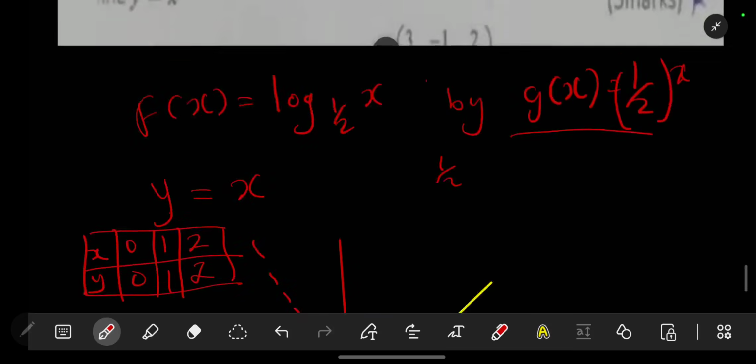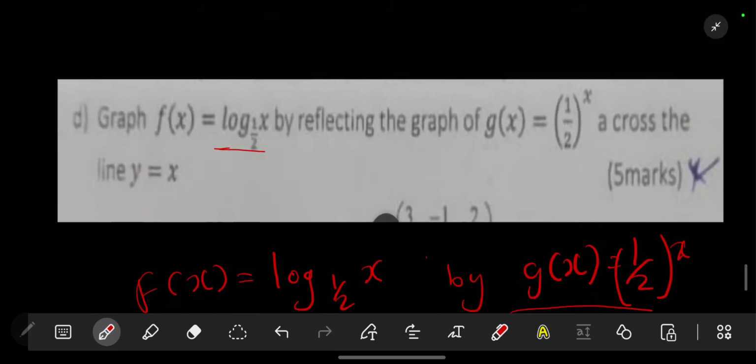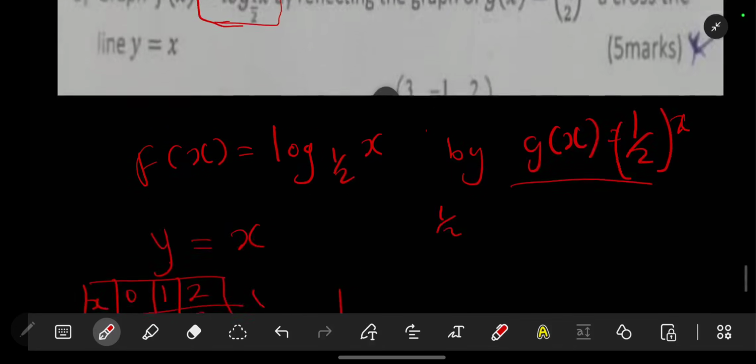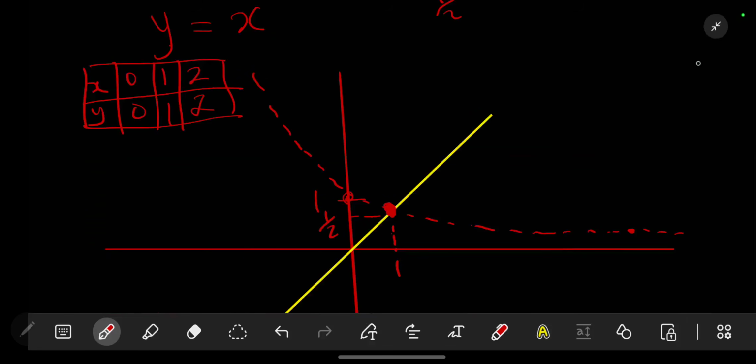That is where the graph of this will also be able to meet. Now this other equation, if you are drawing by reflection, it passes like this. So they will meet at this point and go like that. So this is how the equations pass.